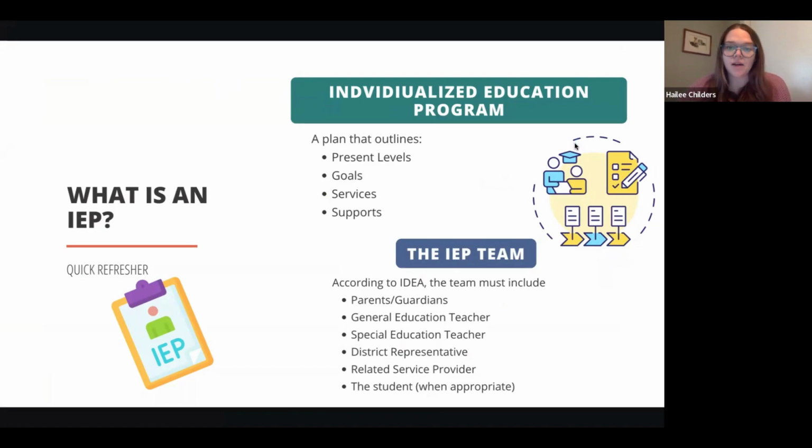This is a plan that outlines present levels, goals, services, and supports under the special education umbrella for children identified as having a disability that impacts their learning and their education in the public school. The IEP team, according to IDEA, the Individuals with Disabilities Education Act, must include parents, guardians, that's you, general education teacher, special education teacher, a district representative, related service providers, and the student when appropriate.